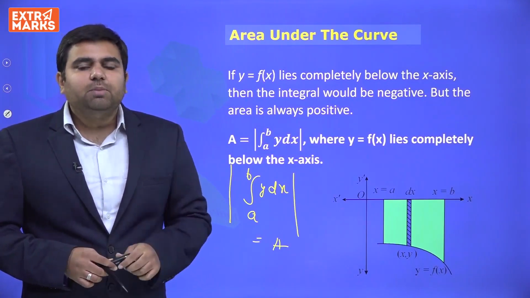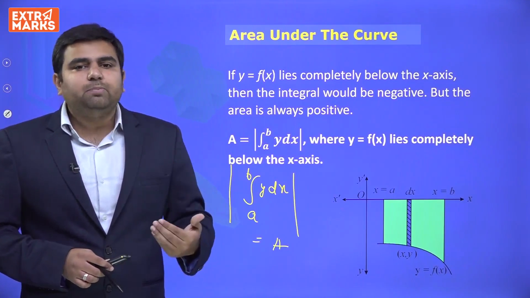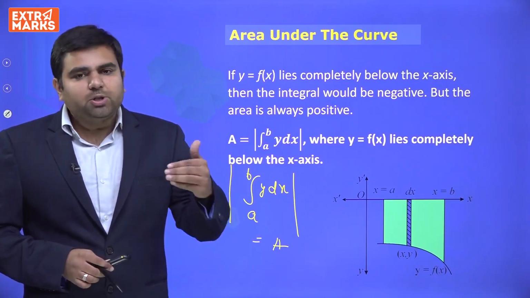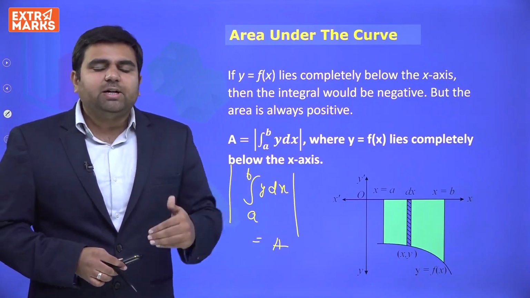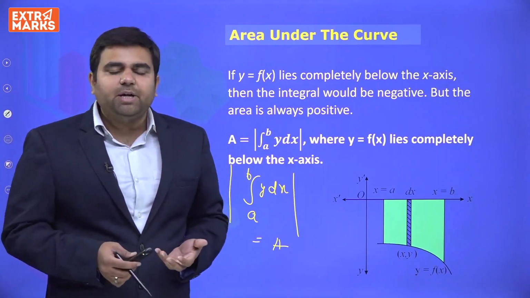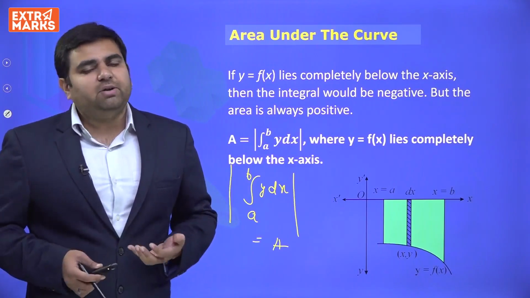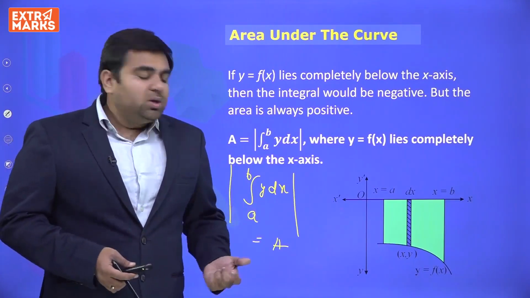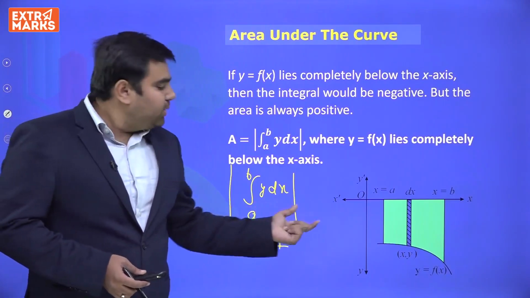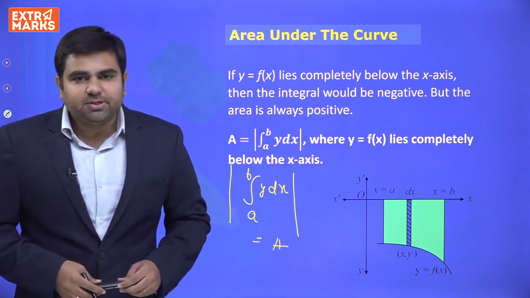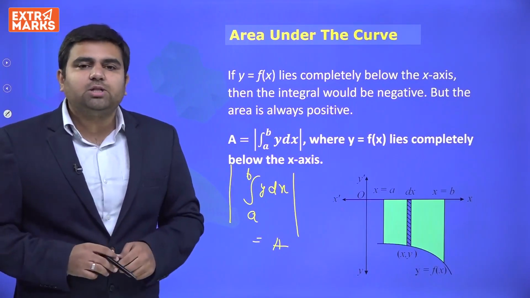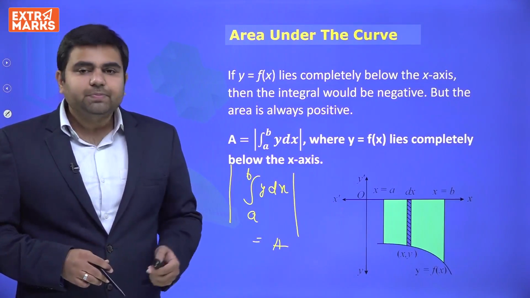Because if you simply integrate that portion from x equal to a to x equal to b, it will come out to be negative, and area is never negative. Therefore, we apply modulus to the portion of the curve going below the x-axis. This is the second case and it is really important for us to understand.